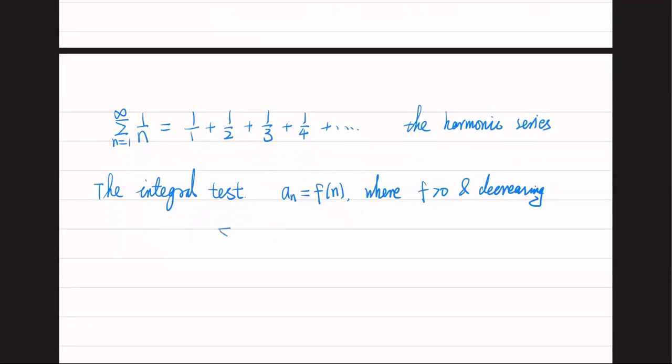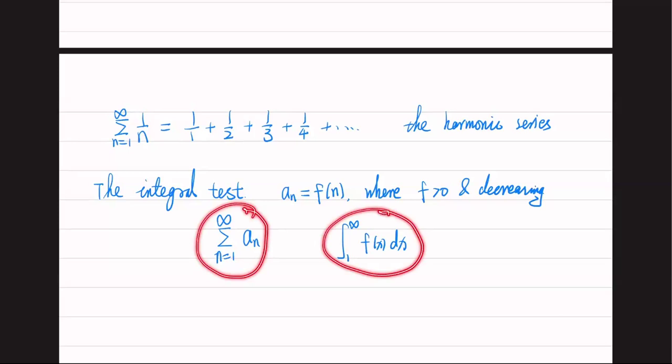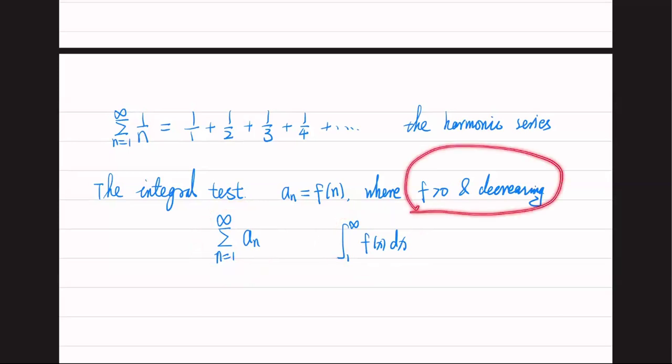We have two objects, the sum from n equals 1 to infinity of a_n, and the integral. On the left is the series, on the right is the integral. Under this condition, that the function is positive and decreasing, if one is convergent, the other is also convergent. If one is divergent, the other one must be divergent. We use this notation.